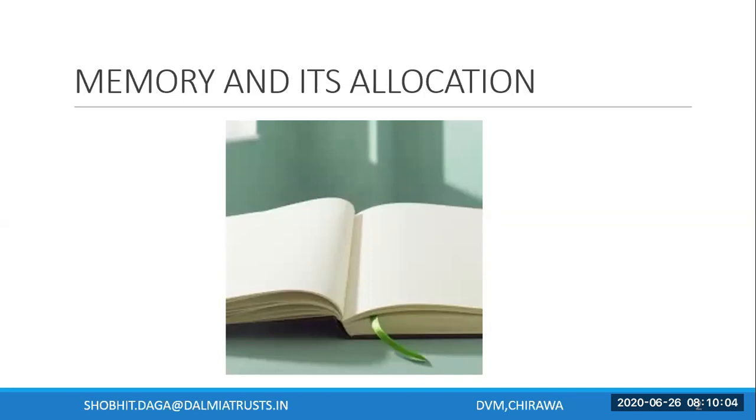The book manager who is managing how particular space should be given should be compared with the memory allocator that is there in Python.